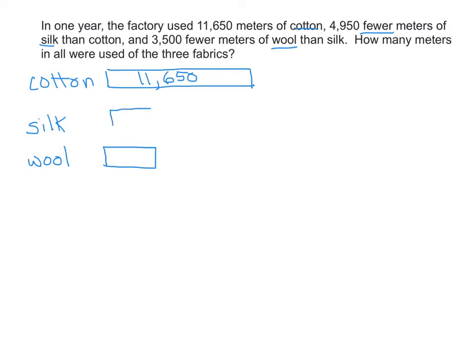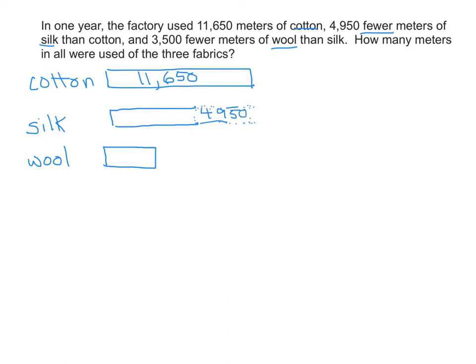So I will start off drawing the same size as the cotton, but then I'm going to stop and use that dotted line that we talked about. This shows an amount that if it existed, it would be the same as the cotton, but it doesn't exist. That's why it's in a dotted line.